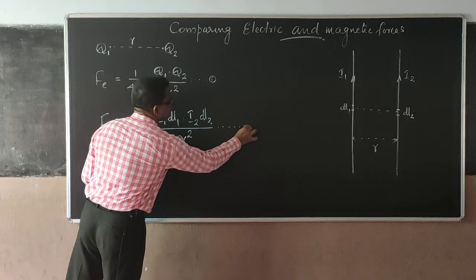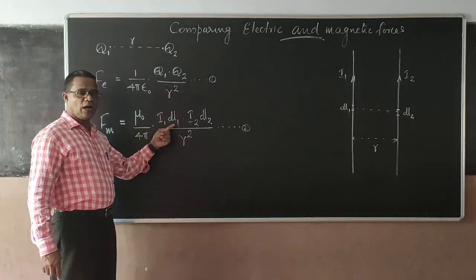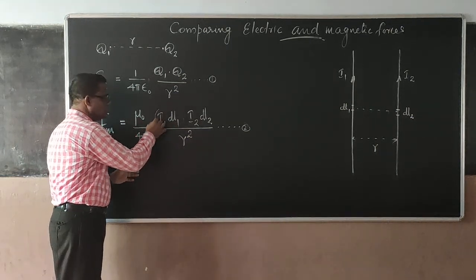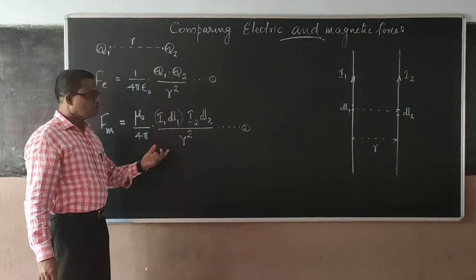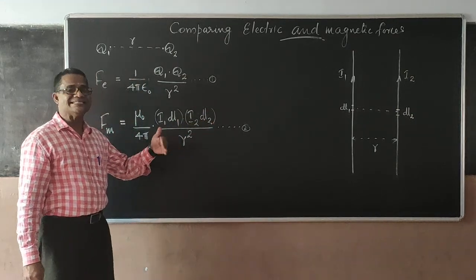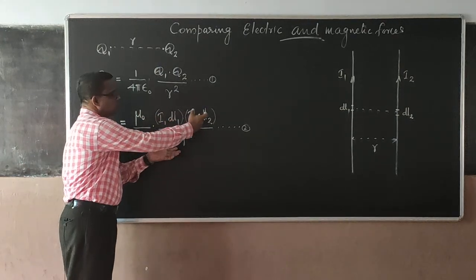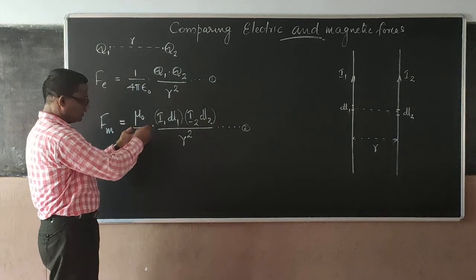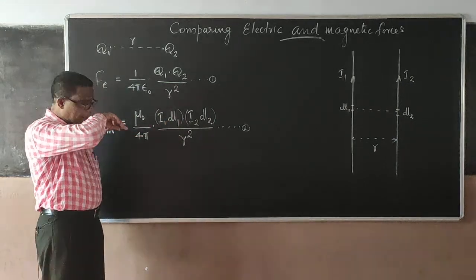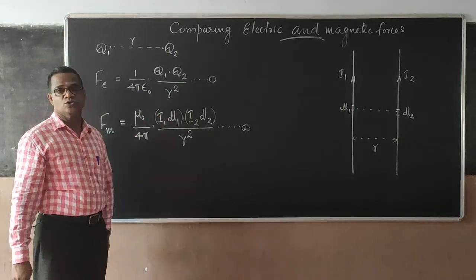Now this formula is new to you, because here this I1 dl1, as per the Biot-Savart rule, is called the pole strength of the first part, and this is the pole strength equivalent of the second part. So the pole strength of the first part and the pole strength of the second, multiplied together and divided by distance square, give the magnetic force between them. This is according to magnetostatics.